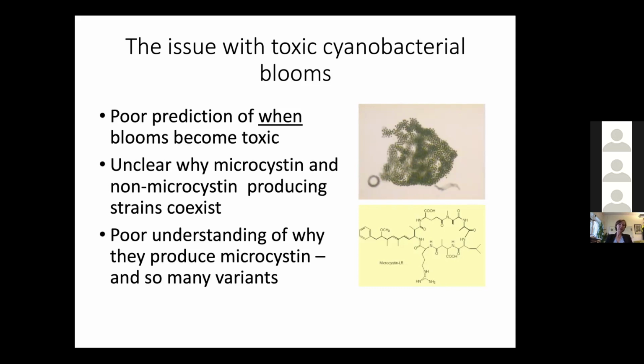The third poorly understood question is why they produce microcystins. There have been a number of hypotheses and ideas, but it's still not clear why, and why there are so many variants. To my understanding, at least 240 variants of microcystins have been described, and there will probably be more coming in the future.